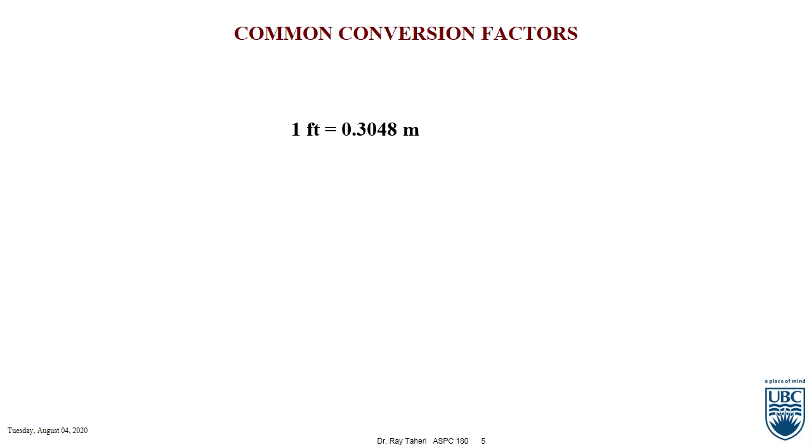So we talk about 1 foot being 12 inches, and 1 inch being 25.4 millimeters or 2.54 centimeters. So a simple conversion: 1 foot is 0.3048 meter.